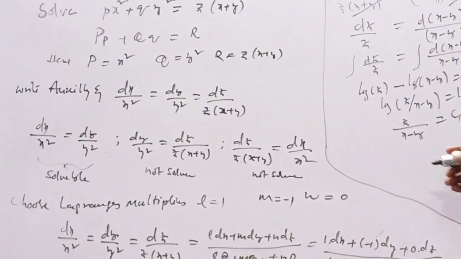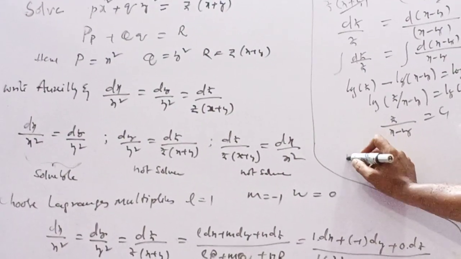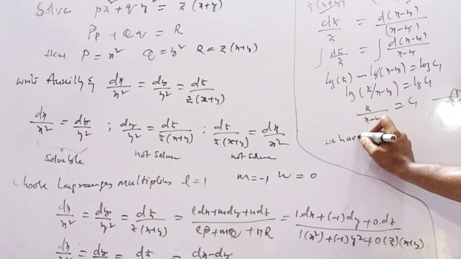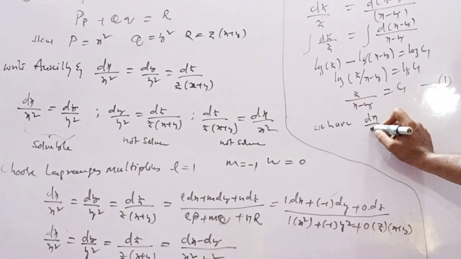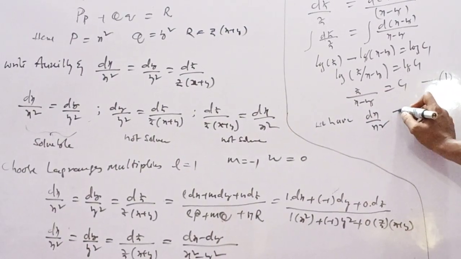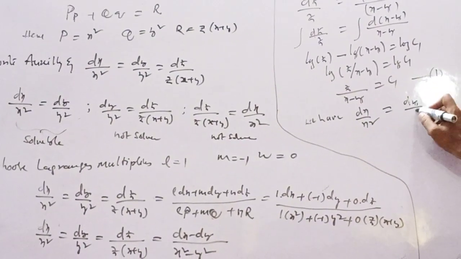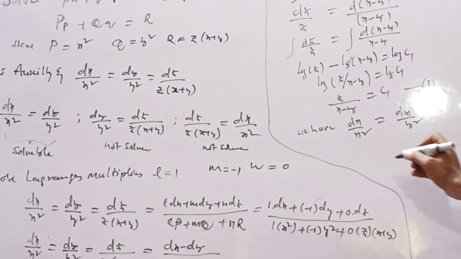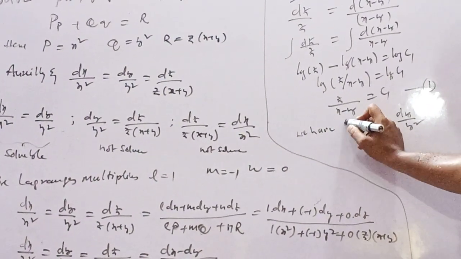So take the first one. We have dx by x square equal to dy by y square. So take integration on both sides.